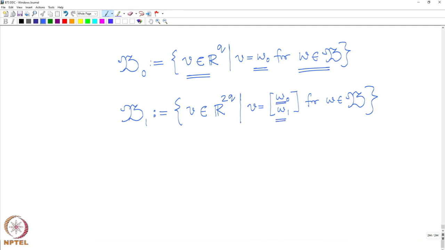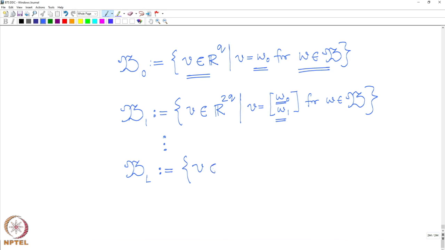So, I look at all possible trajectories and from there I fish out all their initial two values, the first two instants, 0th and the first instant. Look at those vectors, club them together one after the other, and I collect them, and that gives me my B1. I am sure you can understand what will be the definition of a particular BL.